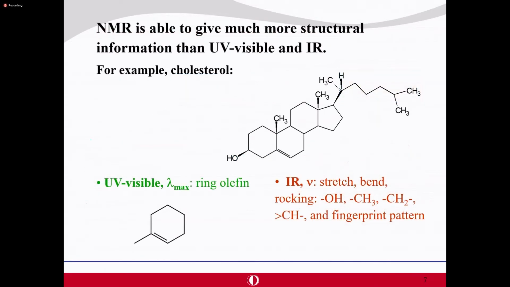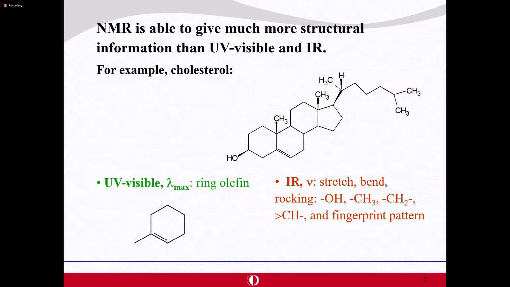NMR is able to give much more structural information than UV visible. For instance, if you look at the cholesterol molecule, with stretching and bending we can obtain a spectrum.